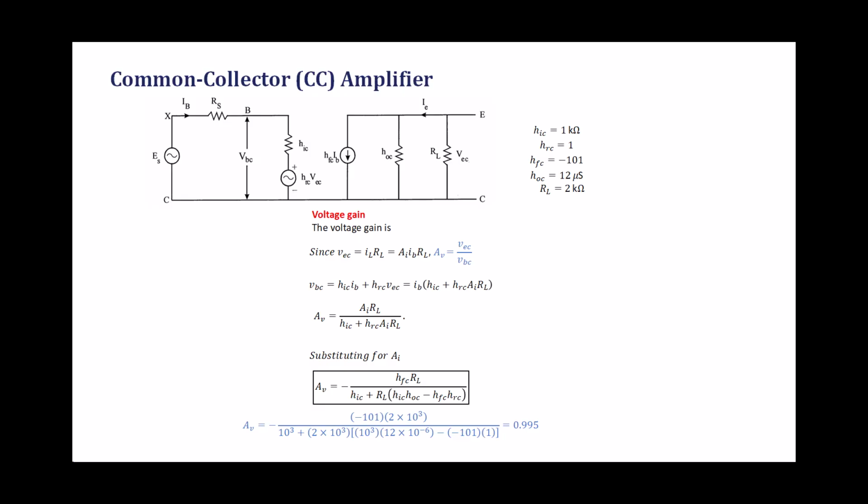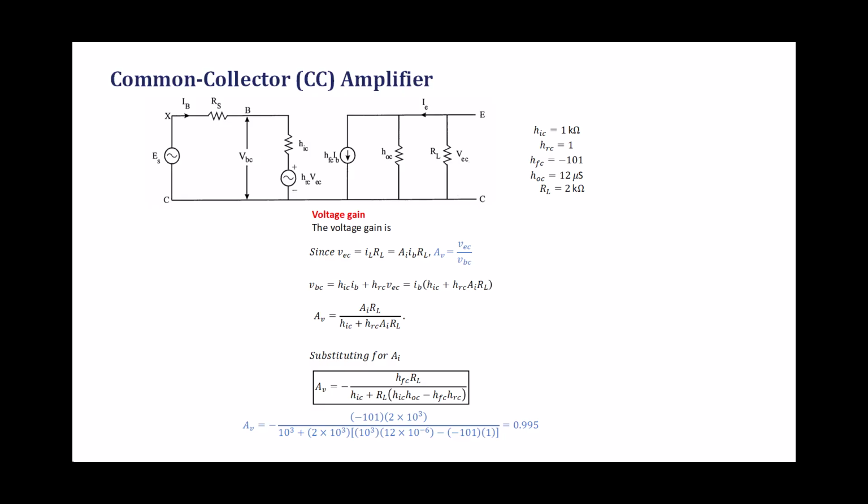From our H parameter equation, VBC equals HIC IB plus HRC VEC, which equals IB times the quantity HIC plus HRC times AI times RL. Dividing VEC by VBC, the IB terms cancel, giving us AV equals AI RL divided by HIC plus HRC AI RL.